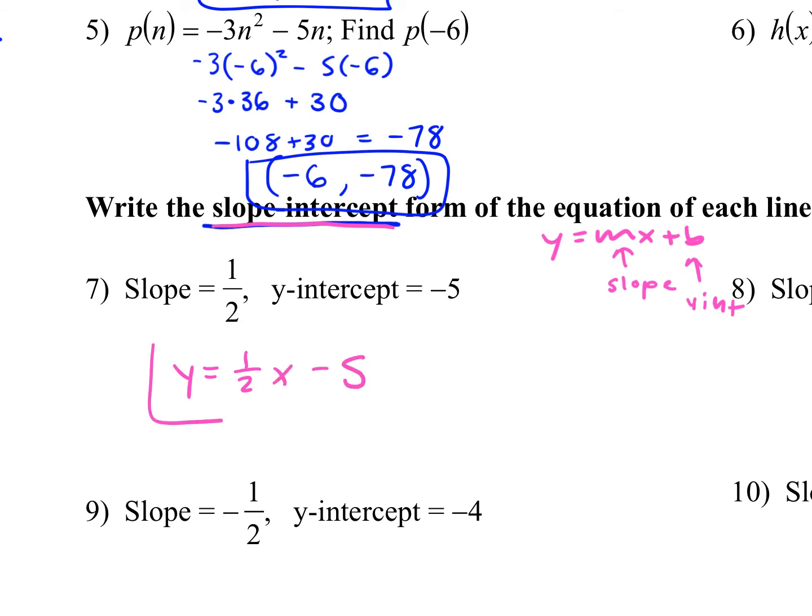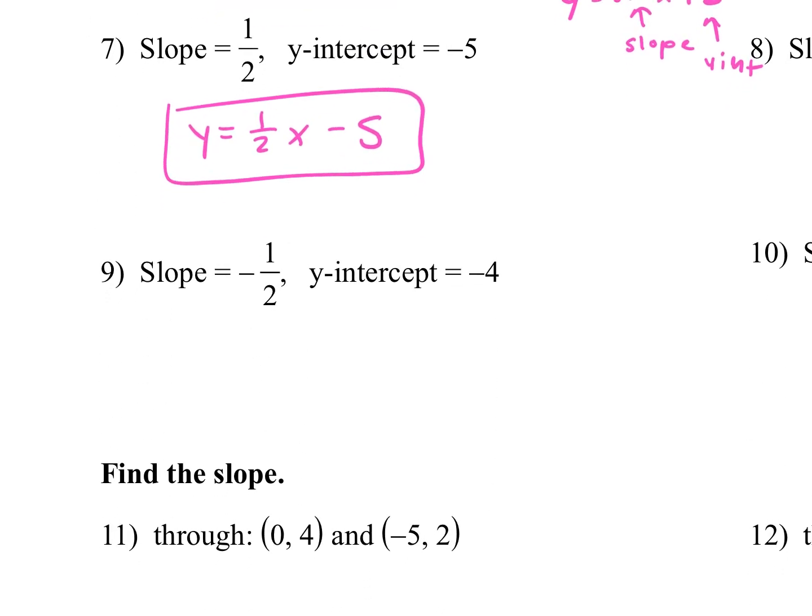Minus 5. Awesome. If it's negative, it becomes minus, so you don't write the plus. It would just be minus 5. So all I'm doing is plugging in my slope and my y-intercept. All right, number 9. What do I get when I plug in? Awesome. Negative 1/2 x minus 4.